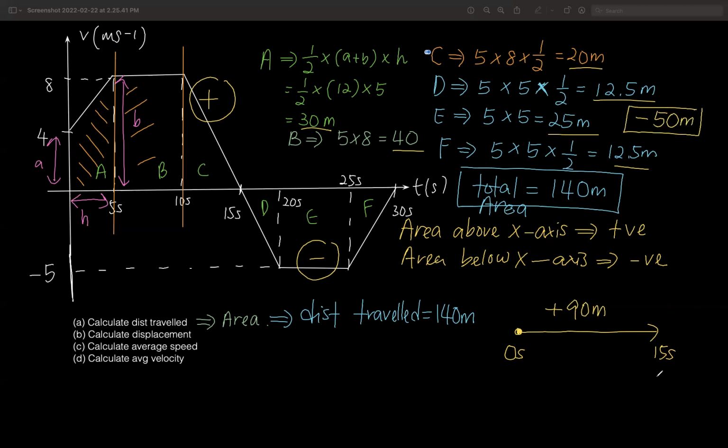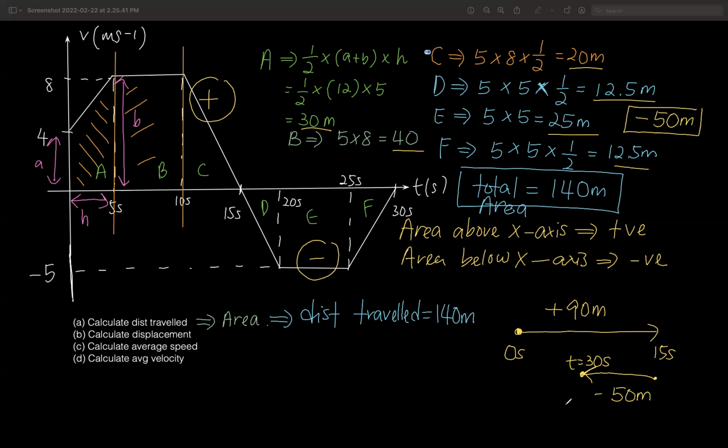That means from 15 to 30 second, it is moving backward 50 meter. This is t equals to 30 second. Why is it moving backward like this? Because the area is negative. It's a minus 50. So it is moving backward.